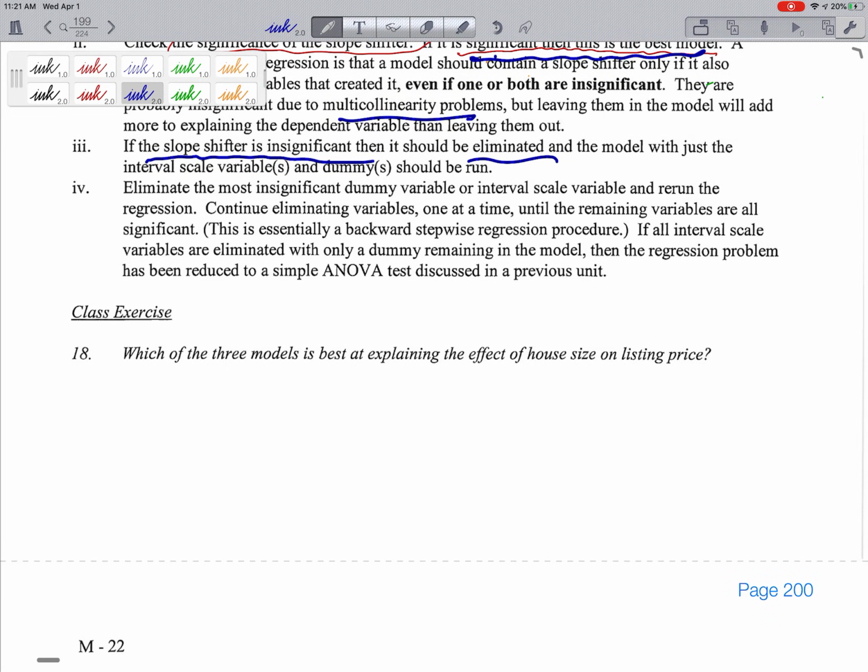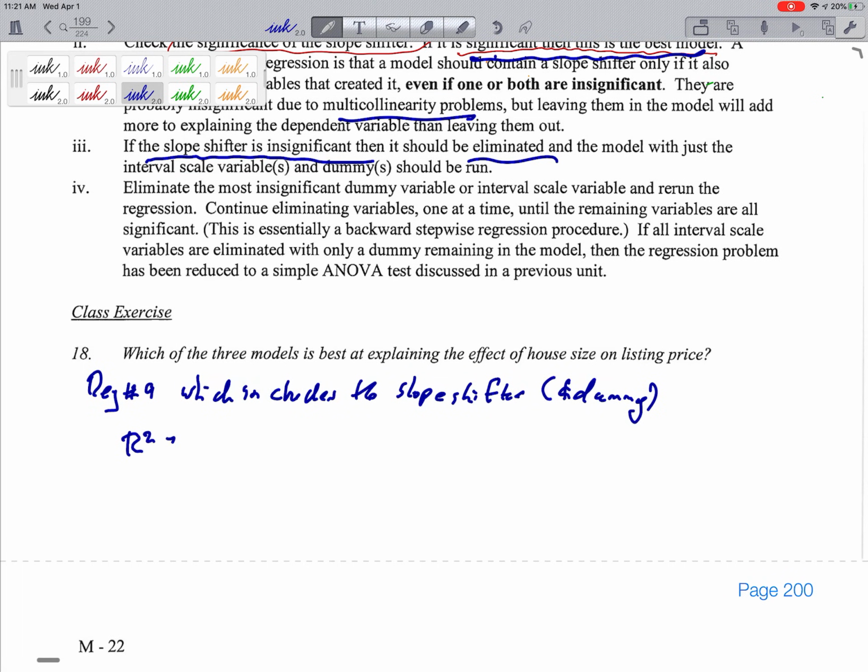So which of the three models is best at explaining the effect of house price and listing price? Regression number 9, which includes the slope shifter. And of course, if it includes the slope shifter, it also includes the dummy variable.